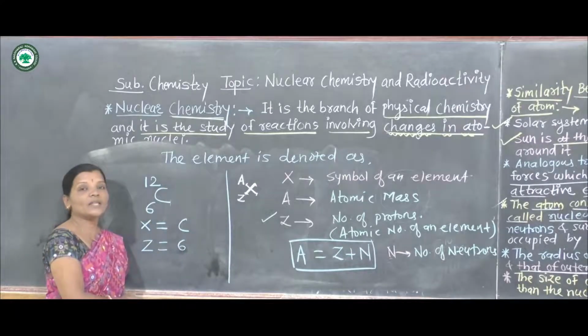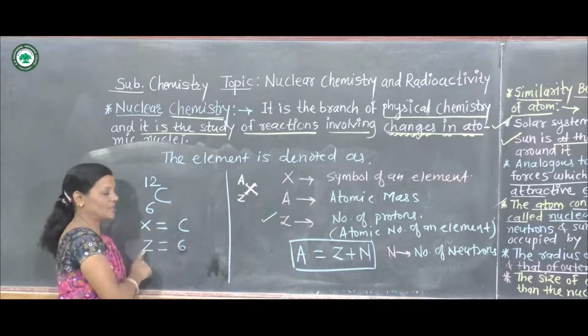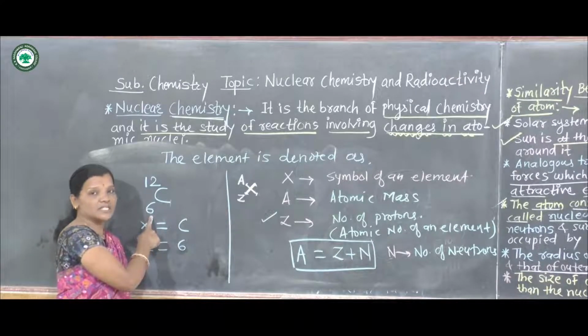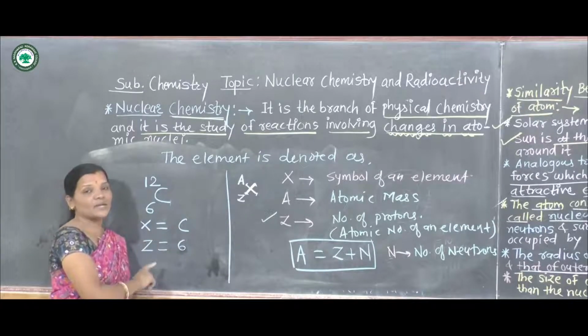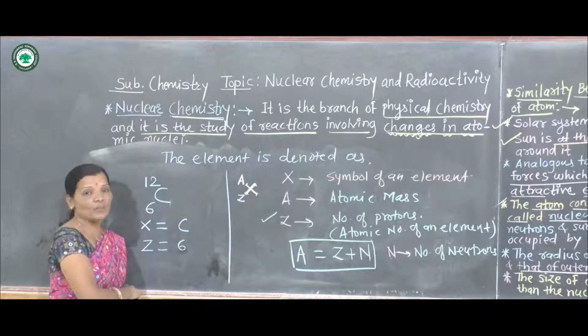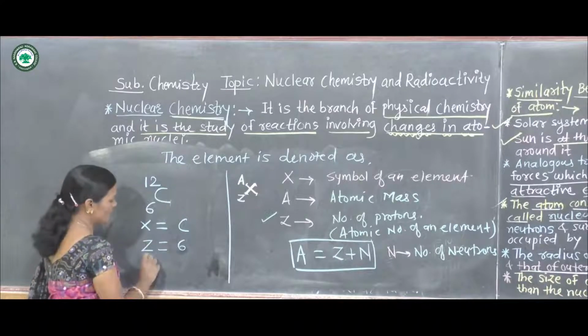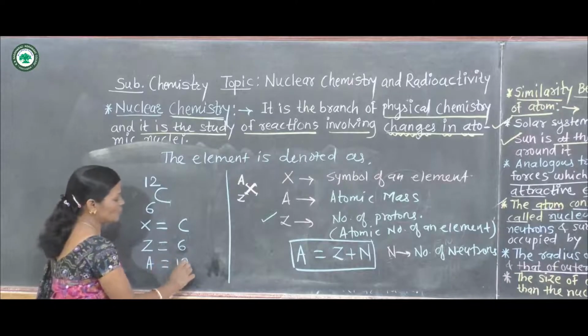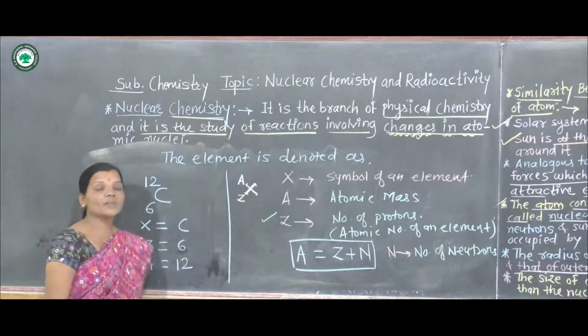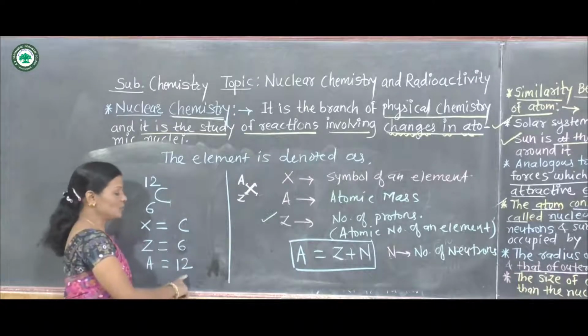The atomic number of carbon, denoted by Z, is 6, which indicates that carbon consists of 6 protons. And capital A is equal to 12, the atomic mass of carbon.